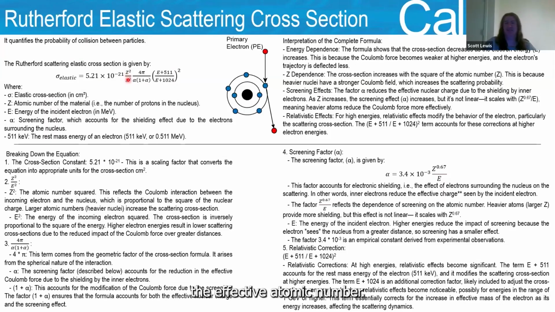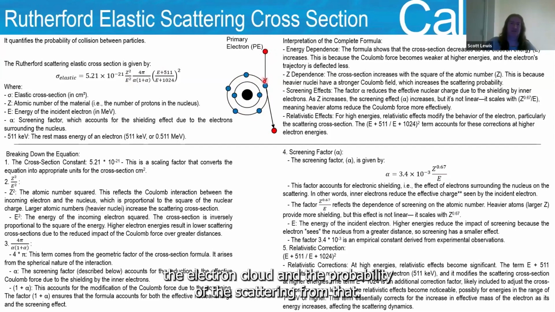It's what we call the effective atomic number, but we'll go into that later. We've got the energy, and then we've got the screening factor, alpha. The screening factor is basically the electron cloud, is what I've tried to represent here. So you can imagine this is the electron cloud and the probability of the scattering from that.